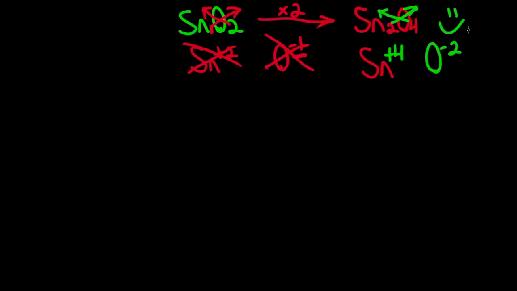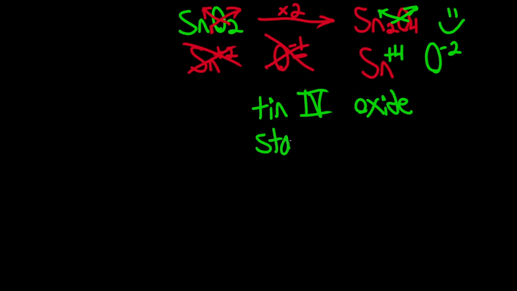So I end up with tin(IV) oxide. And I can also call this stannic oxide because it is the higher of the two charges that I can have with tin.